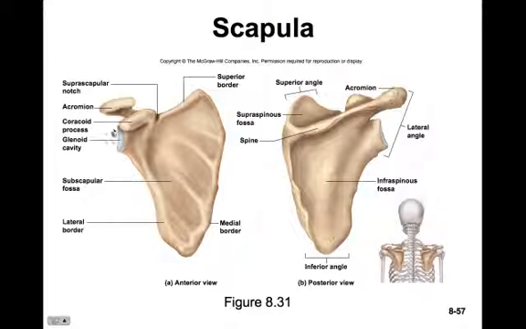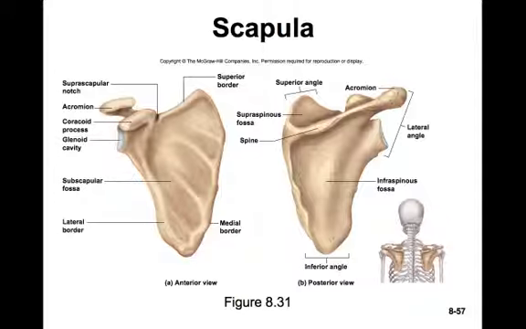Finally, there's the glenoid cavity. The glenoid cavity is this slippery surface here. It's covered with cartilage, and this is the socket of the ball and socket joint of the shoulder joint. As you can see, it's pretty shallow, and there's not a lot to hold the head of the humerus, or the upper arm, in this space.